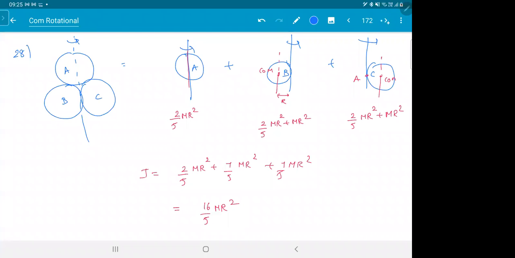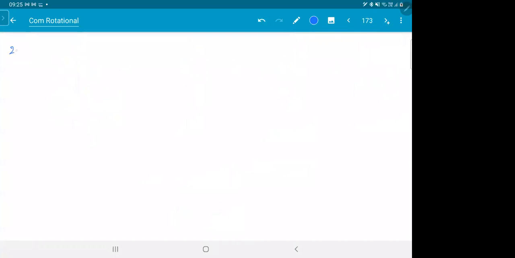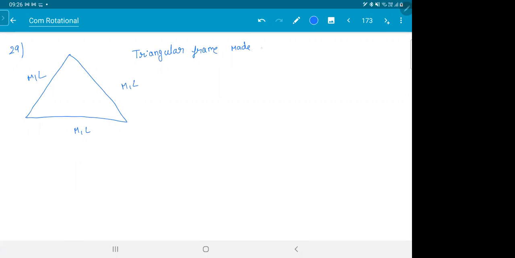Turn the page. It's a triangular frame. It's not a sheet, it's a frame. Made of 3 identical rods, each of mass M and length L. O is the centroid.